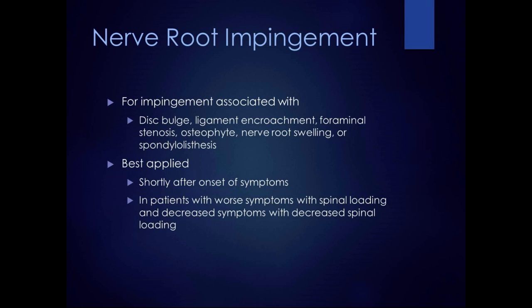It possibly temporarily increases the size of the neural foramen, reducing pressure on the spinal nerve root. It tends to work best shortly after onset on people whose symptoms increase with spinal loading and decrease with spinal unloading, and radiating symptoms aren't improved by trunk exercises.